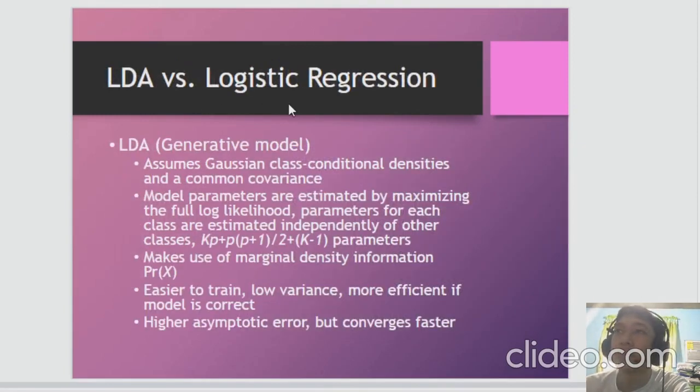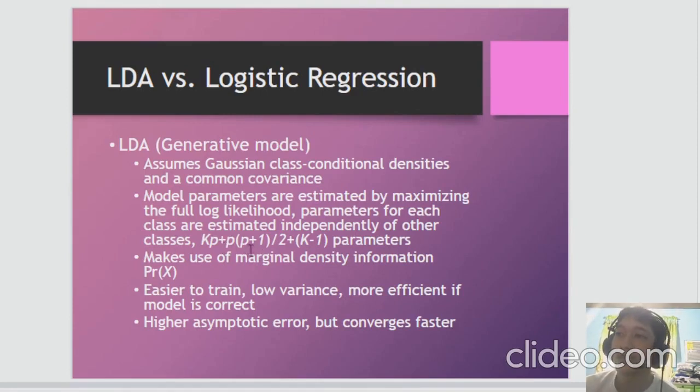The next is LDA versus logistic regression. LDA is a generative model. It assumes Gaussian class conditional densities and a common covariance. Model parameters are estimated by maximizing the full log likelihood. Parameters for each class are estimated independently of other classes.